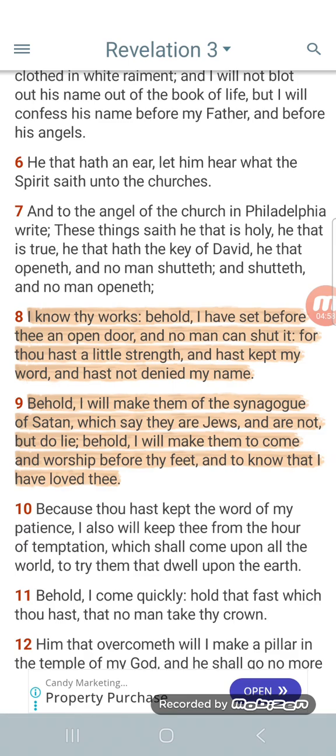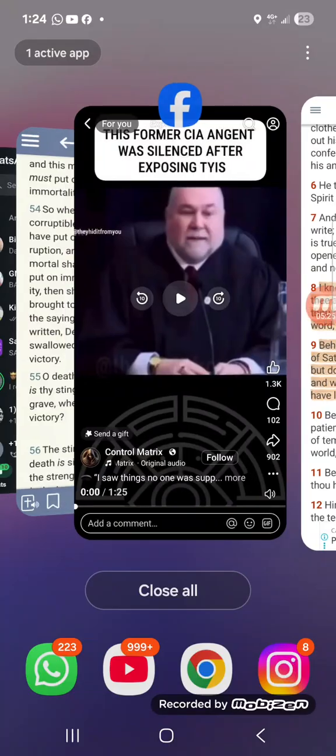So, there is a certain group of people on the earth who are saying that they are who they are not. And to obtain this piece of document, in 1948, as it is called. So let me go into Google and type in something here.